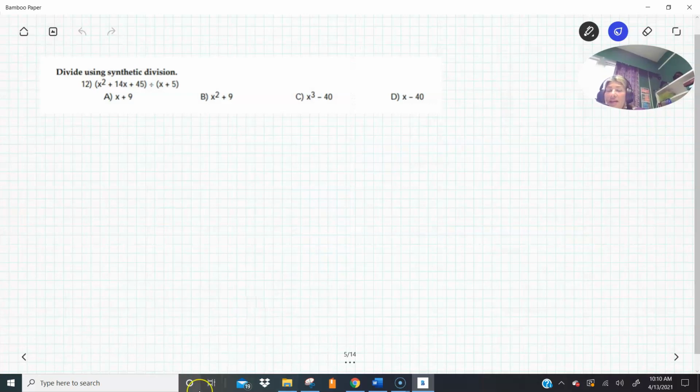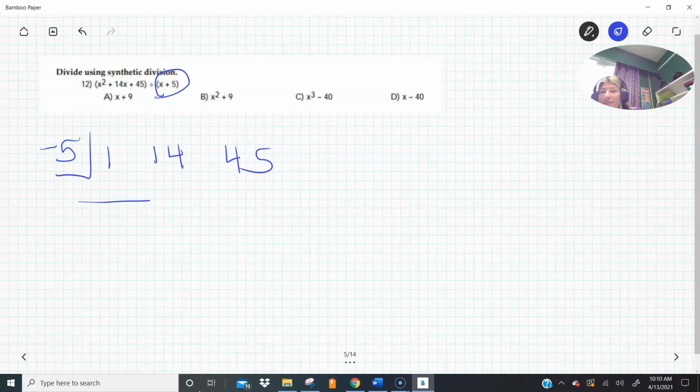Now we're to synthetic division. Remember, we divide by the 0 and not by the 5. So this would be minus 5, because that's a factor. The coefficients are 1, 14, and 45. Bring down your 1, multiply, that's negative 5, and you get 9, multiply, that's negative 45, and you get a remainder of 0.